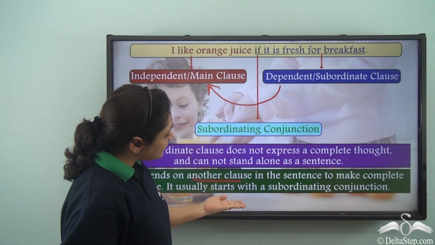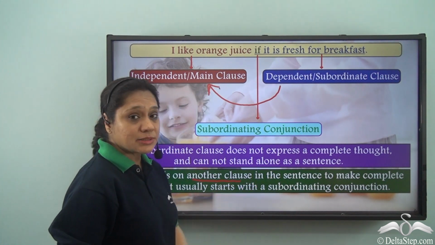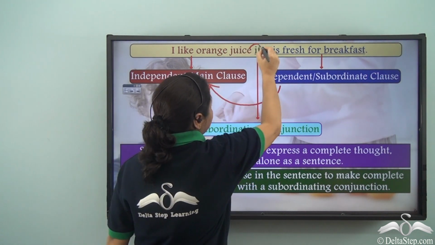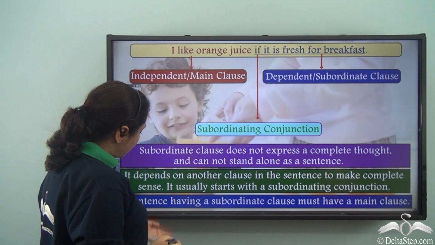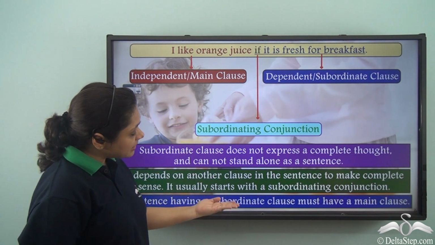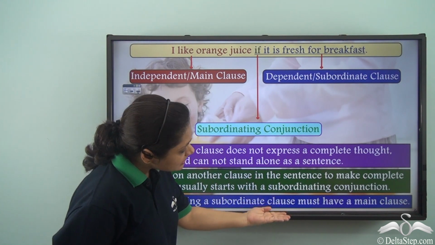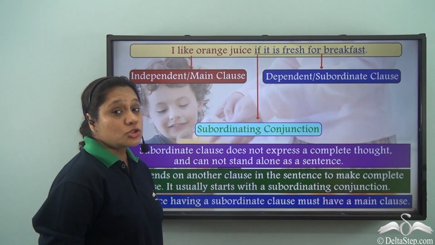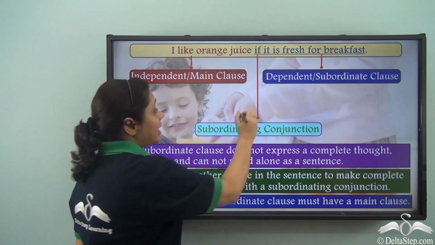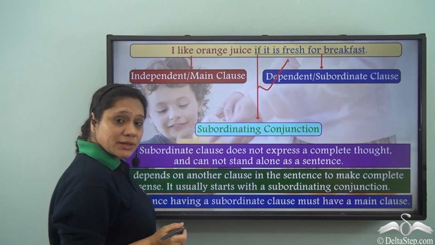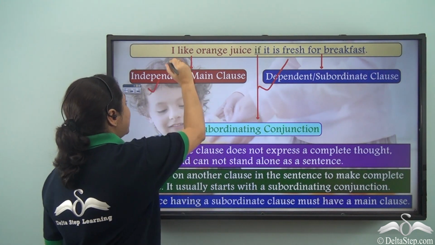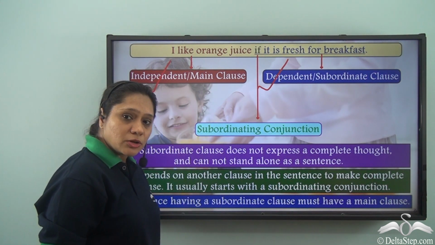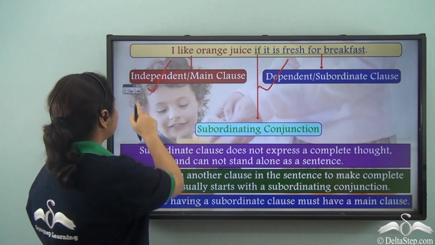It usually starts with a subordinating conjunction like "if" in our sentence. A sentence having a subordinate clause must have a main clause. So remember that whenever there is a dependent or subordinate clause in a sentence, you will know that there will be an independent or a main clause in the same sentence.